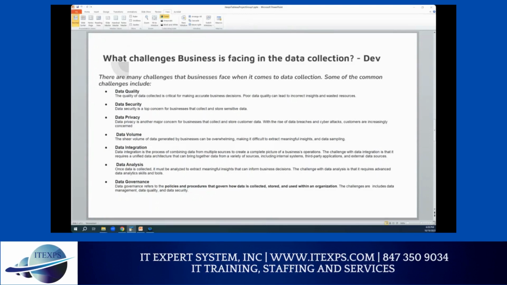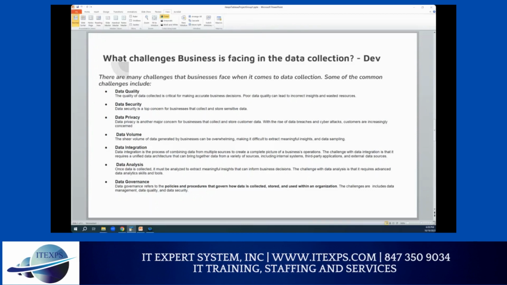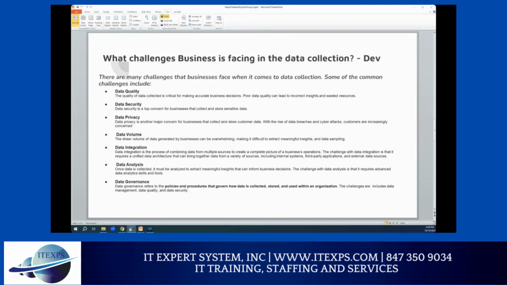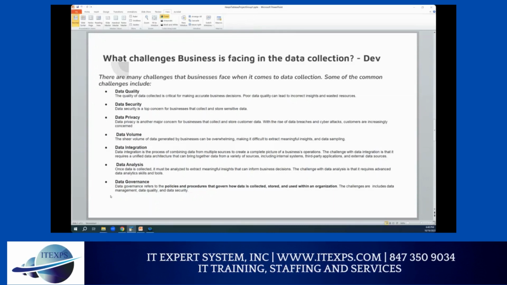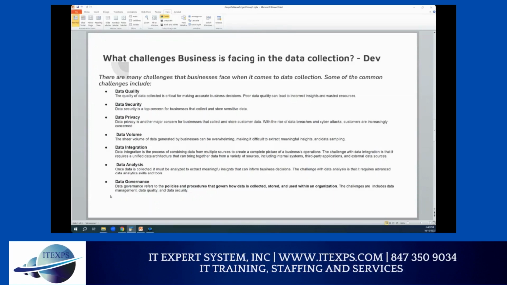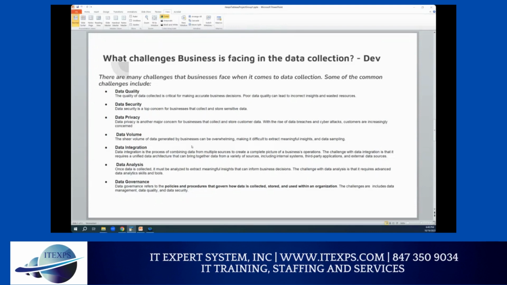If I can talk about data quality, we all know when you collect the data, the quality of the data is a crucial part, especially for the stakeholders, so they can make a right decision and they can improve the business. And poor data quality can lead to incorrect insight and wasted resource.